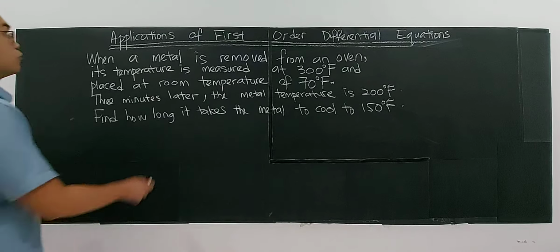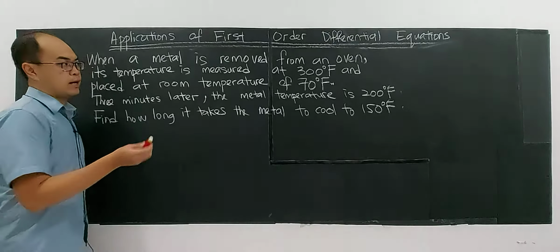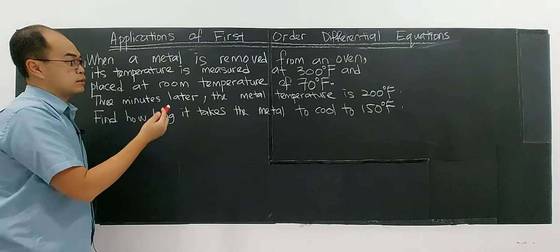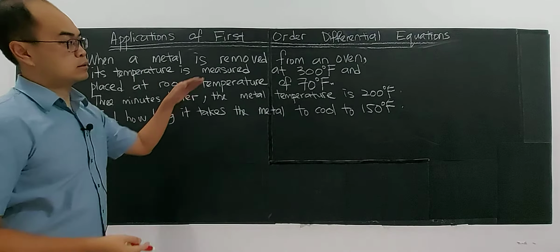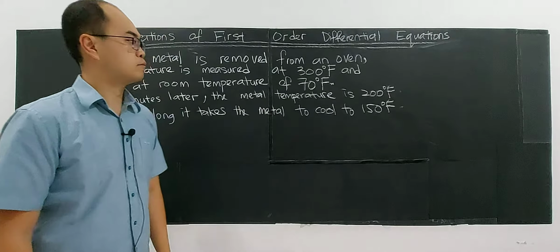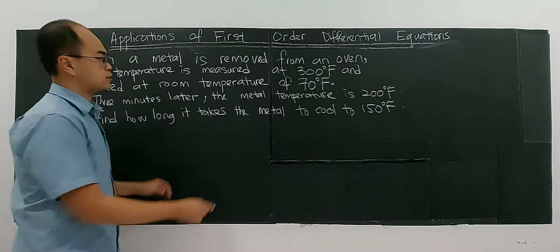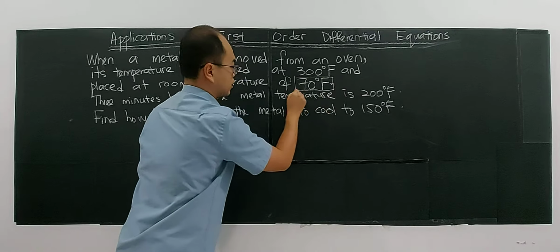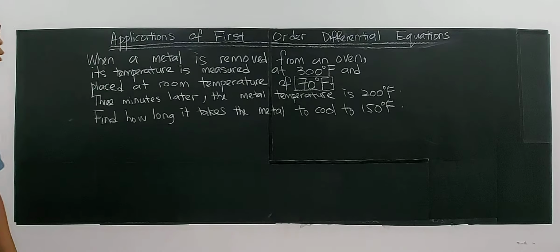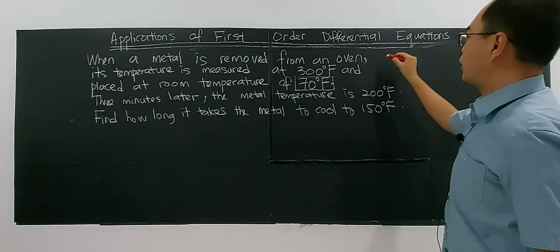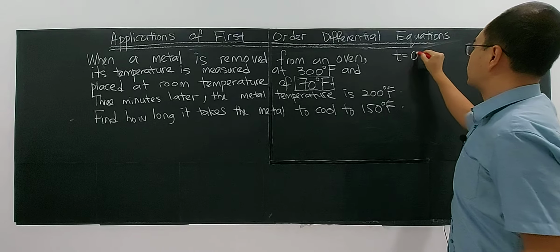This is the case of Newton's law of cooling. As a metal that is heated is brought to a room temperature which is lower than the temperature of the object, right? You must understand that the room temperature will be constant. So according to this information, we know the initial temperature. Usually we will define some variables for these cases.